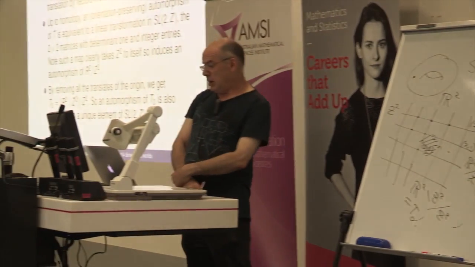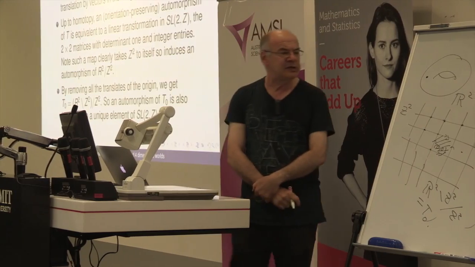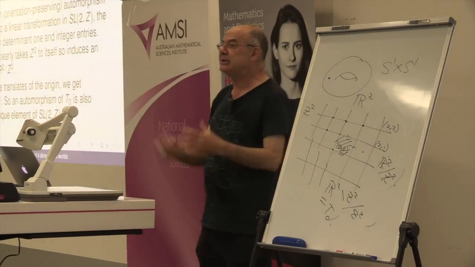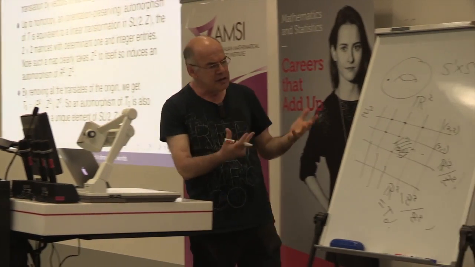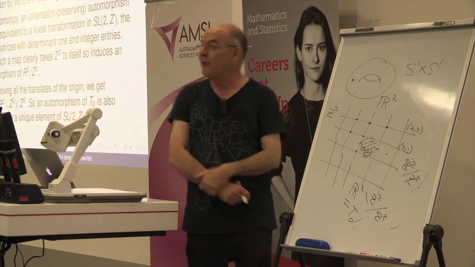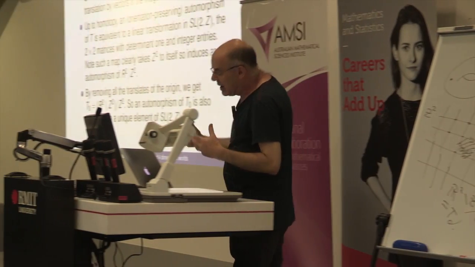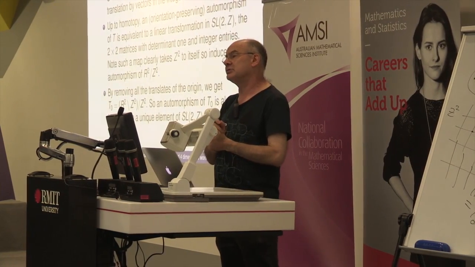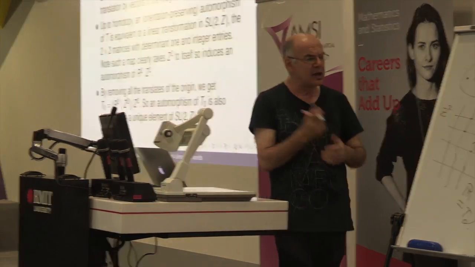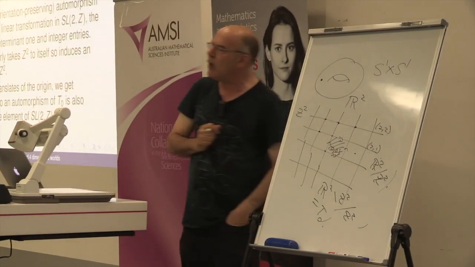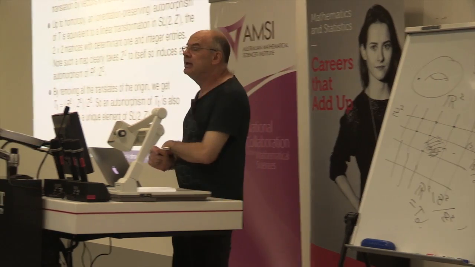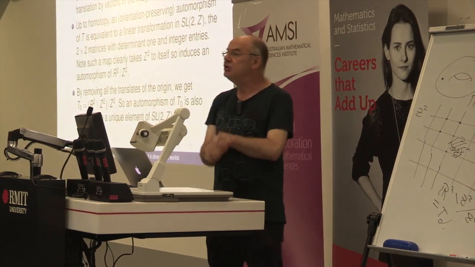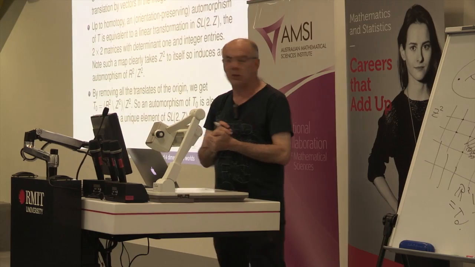Okay, so how do we think about automorphisms of the torus? That's a homeomorphism of the torus to itself. What turns out to be a very nice idea is to think of automorphisms of the plane, and in fact linear transformations. If we take a linear transformation of the plane to itself, we want one which commutes with this addition so that it will induce an automorphism of the torus.